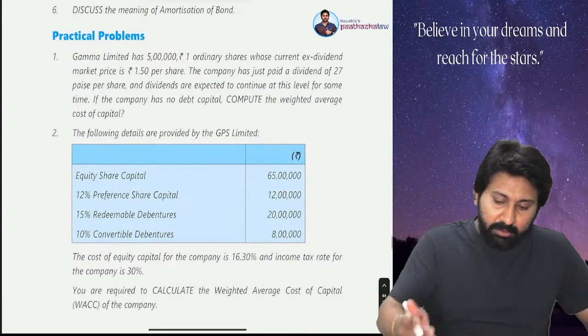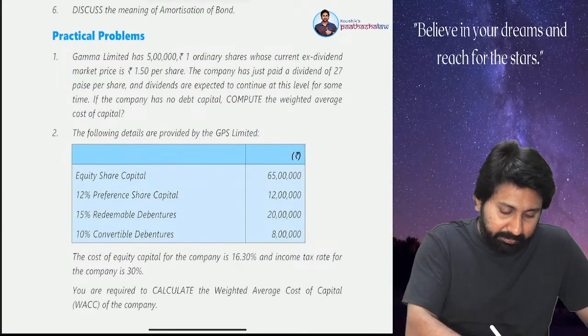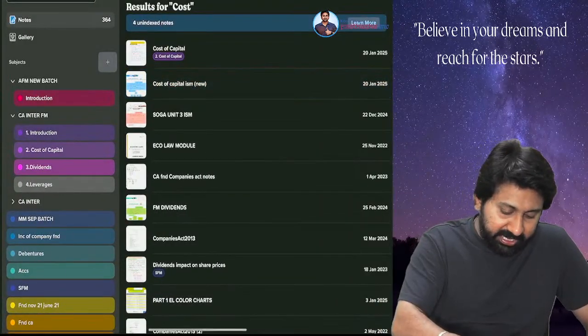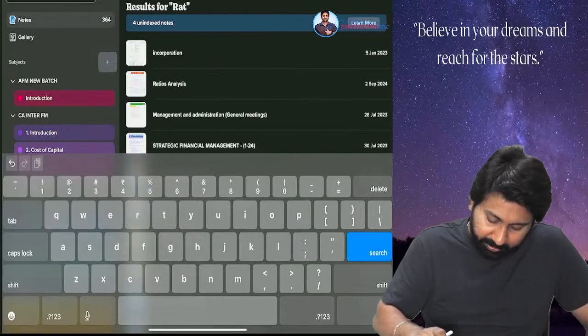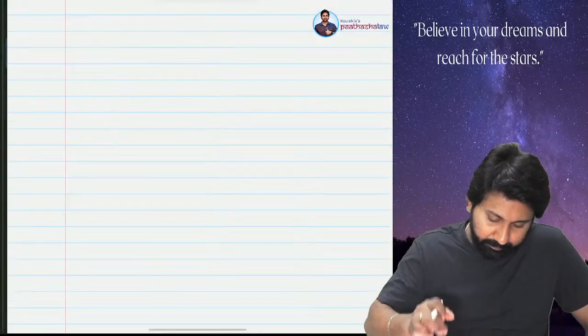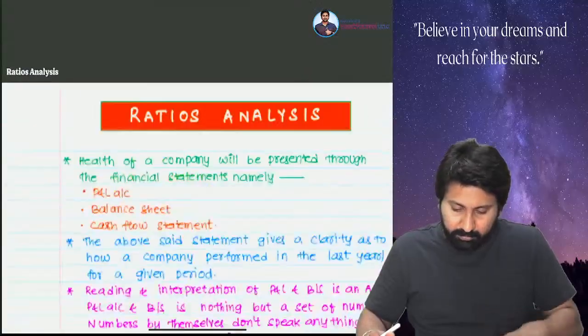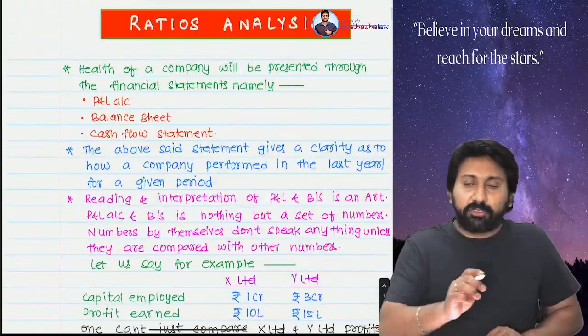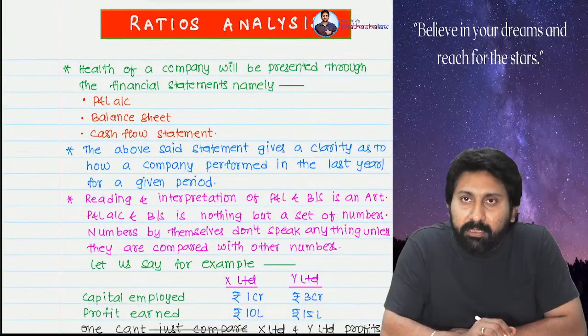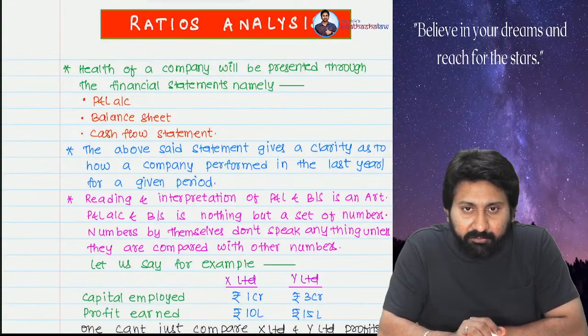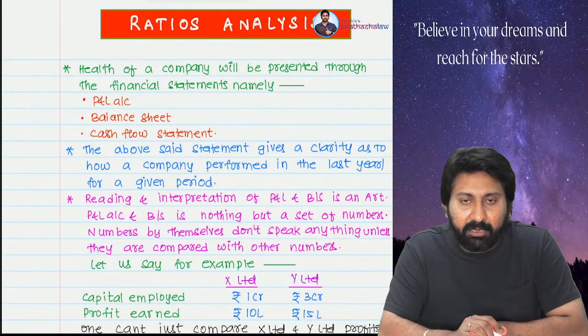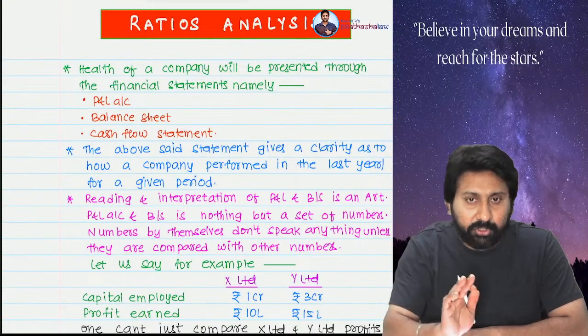Next, like this, the next concept, I will go for the next area, ratios chapter. Like this for the ratios chapter also, I will be selecting some important questions. Those questions you try to solve without fail.